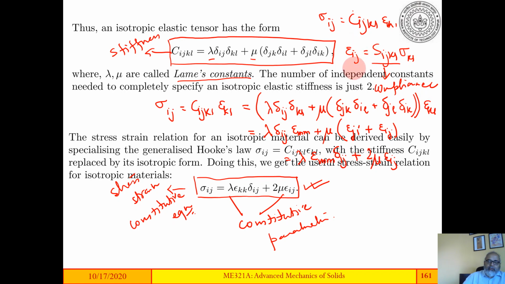So generally, if you have a general situation where you don't have all the symmetries, it's not very easy to invert this. But for an isotropic material, it turns out that it's possible to invert Cijkl to get Sijkl, and that's what we are going to do now.